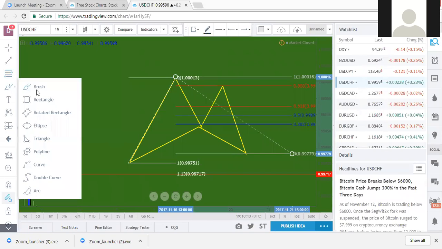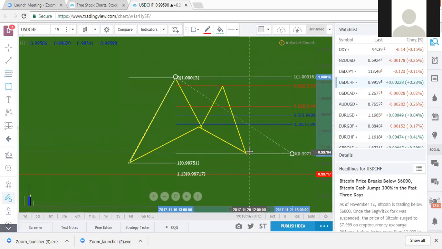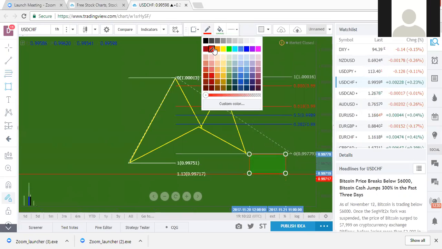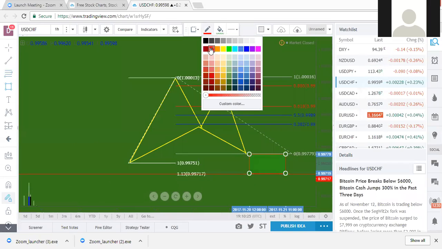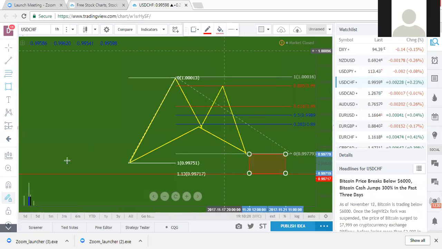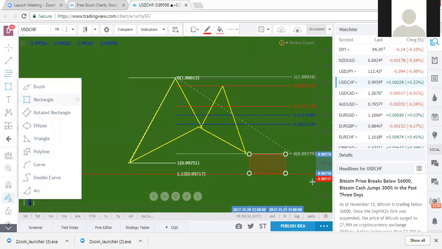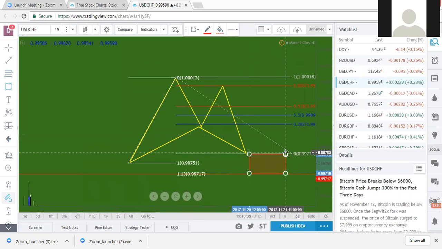This is why we trade a lot of bat patterns in Legacy, because you can see that stop loss, that's going to be our risk to our reward. First target being here.